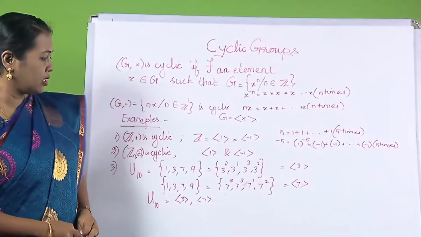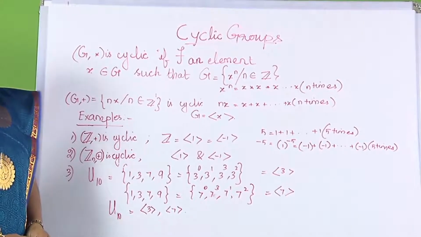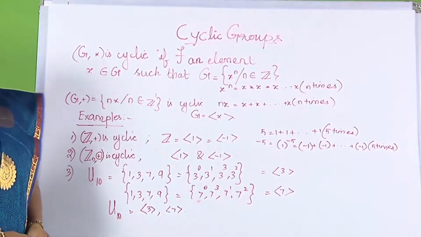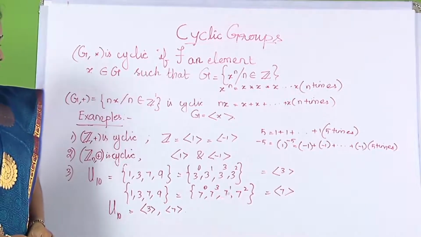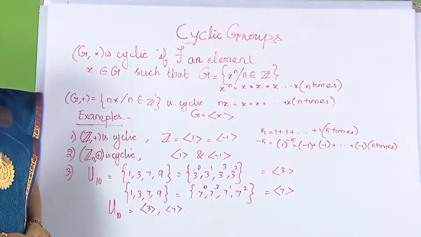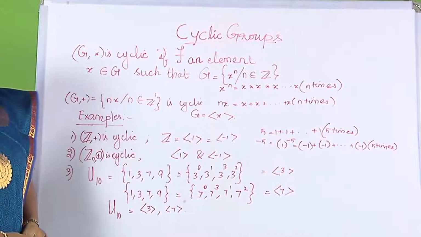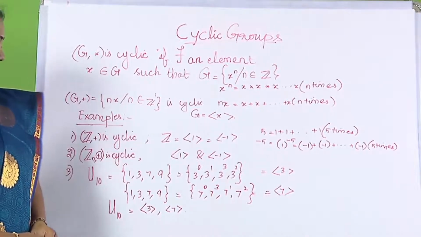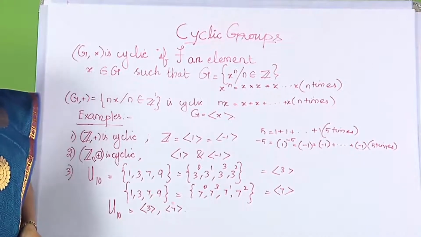Likewise, for 7, 7 power 0 is 1, 7 cube is 343, again when divided by 10 the remainder is 3, 7 power 1 is 7 and 7 squared is 49, so the remainder is 9. So, 1, 3, 7, 9 again can be generated by 7. So, the generators of U10 are 3 and 7.